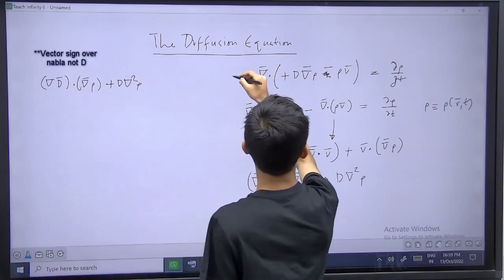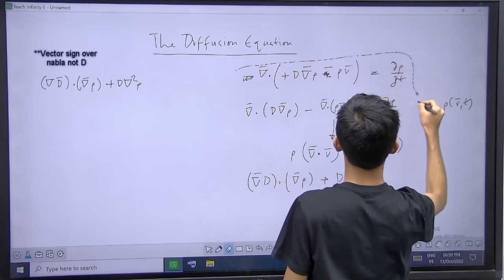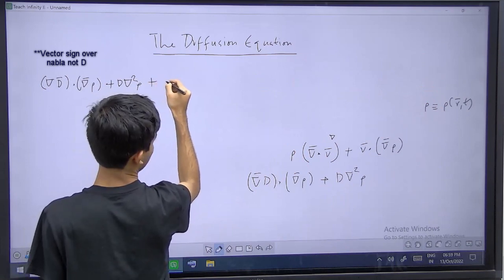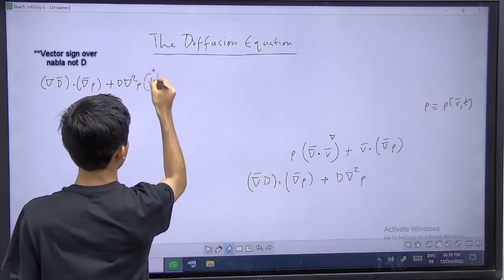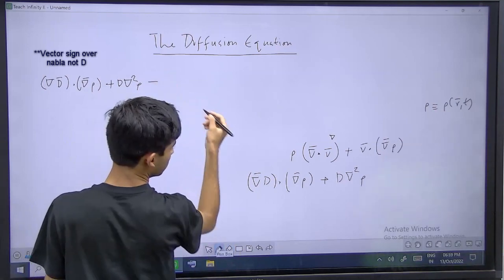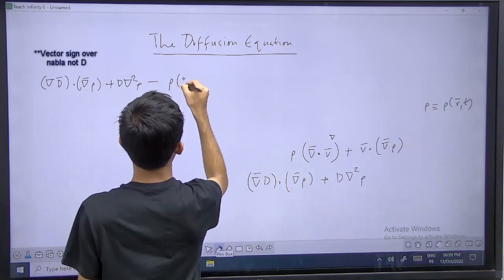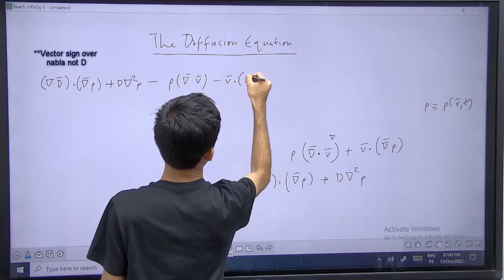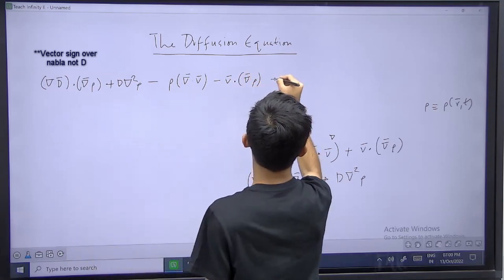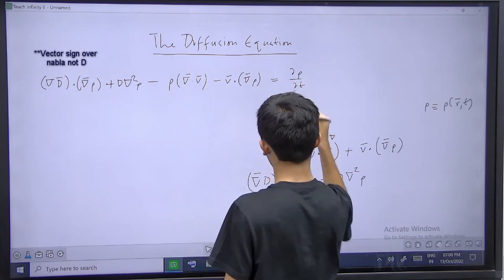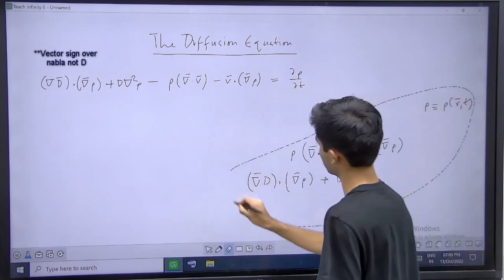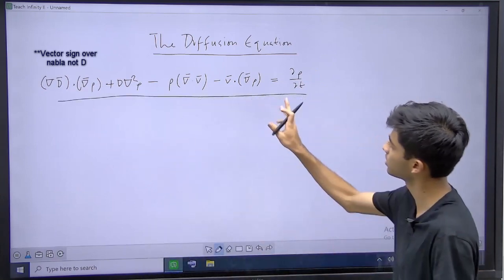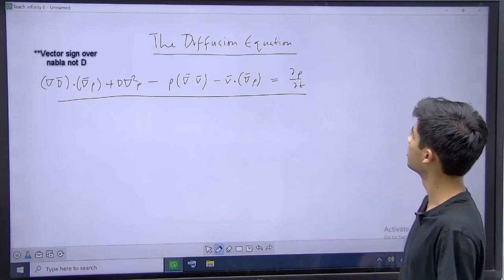Minus v minus v. Okay, and so that's in 3 or in some number of dimensions. That's the general form of this partial differential equation.